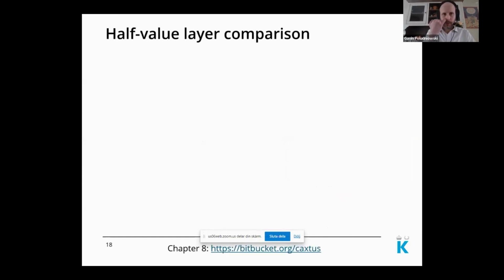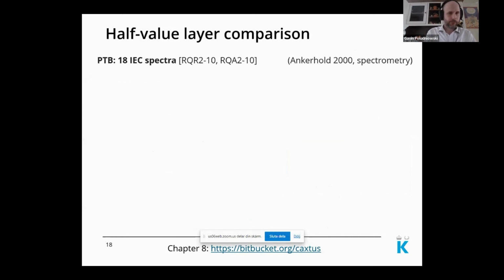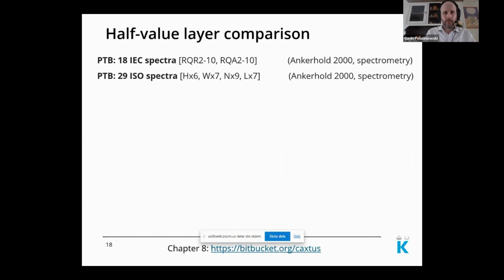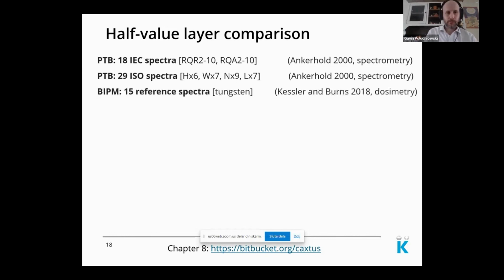But if we compare to some actual measurements of half value layer, what do we see? I've got data from several standards laboratories. We've got from this Ankerhold report 18 IEC spectra, 29 ISO spectra, and this is using spectrometry, i.e. measuring an X-ray spectrum and then calculating the HVLs.